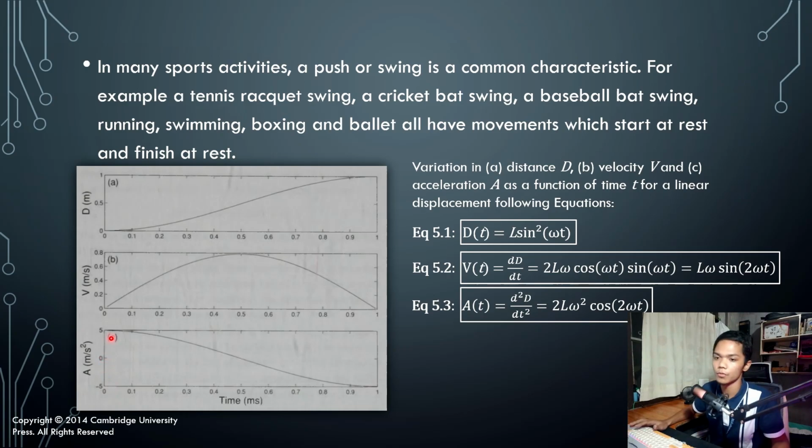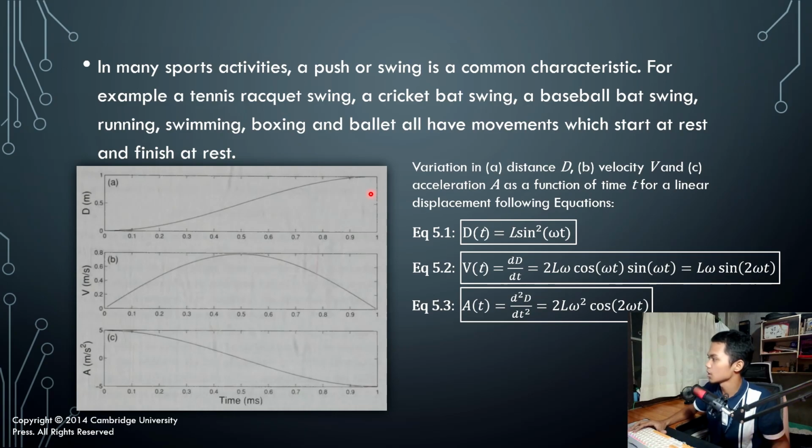Now, I know some of you are very familiar with the equations used for finding the distance, velocity, and acceleration, which are pretty similar to what you can see here. But the point is, we're looking at the graph and what the relation of the graph is to the equation.